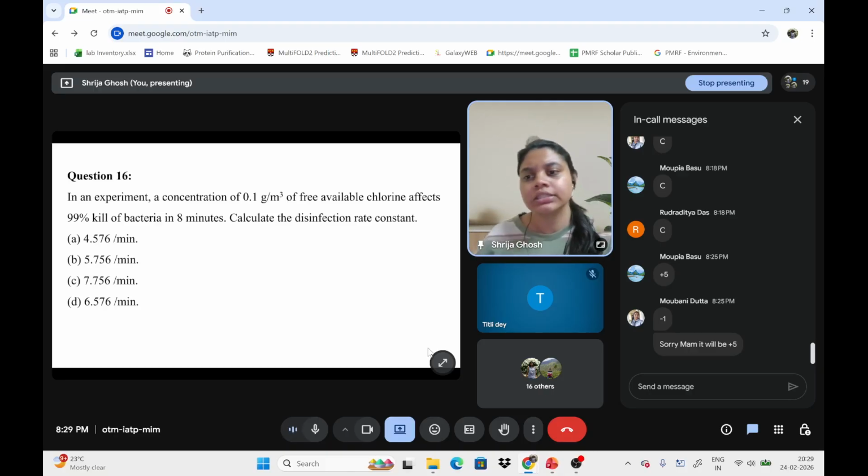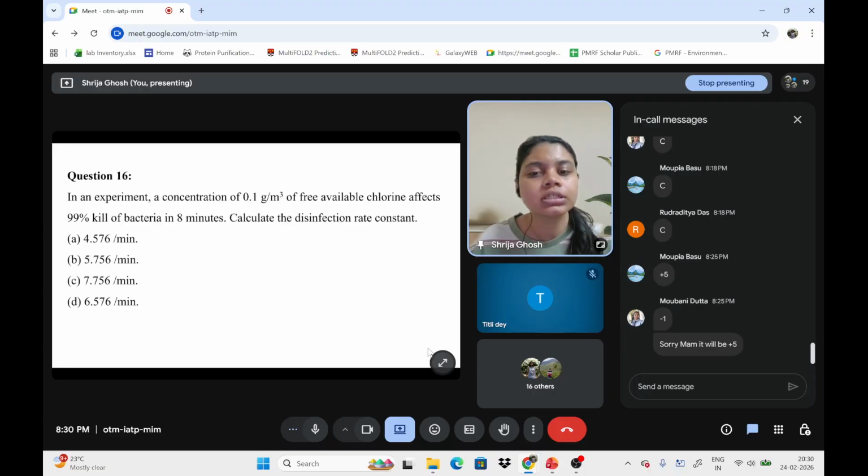Question number 16. In an experiment, a concentration of 0.1 gram per meter cube of free available chlorine affects 99% kill of bacteria in 8 minutes. Calculate the disinfection rate constant. So it is basically killing 99% of bacteria in 8 minutes.